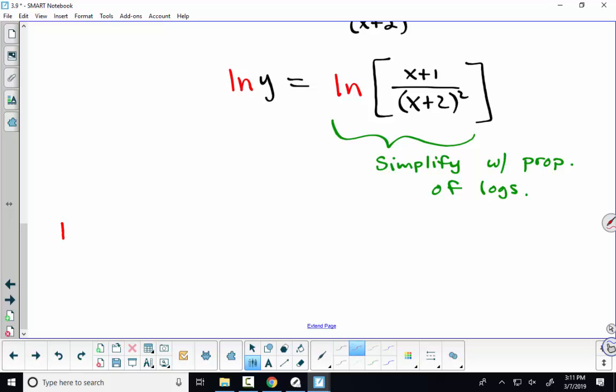So I'm going to go over here. We have the ln of y equals, on the right-hand side, the natural log of a quotient. So we can rewrite that as the natural log of the numerator minus the natural log of the denominator.